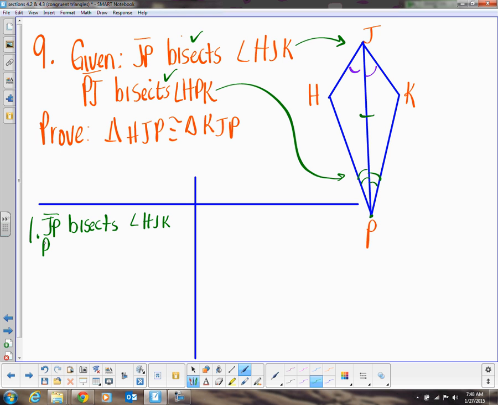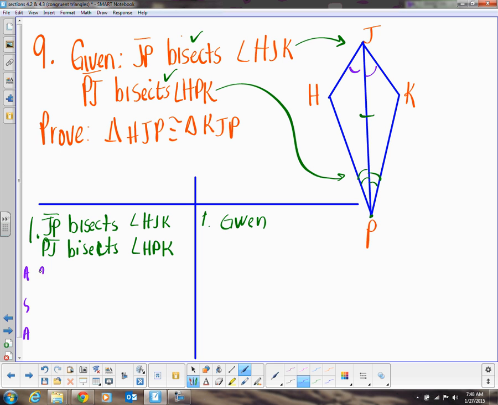And then we've got PJ bisects the other angle. You have to introduce this as evidence in order to state what we're about to state. So number one, this was given.